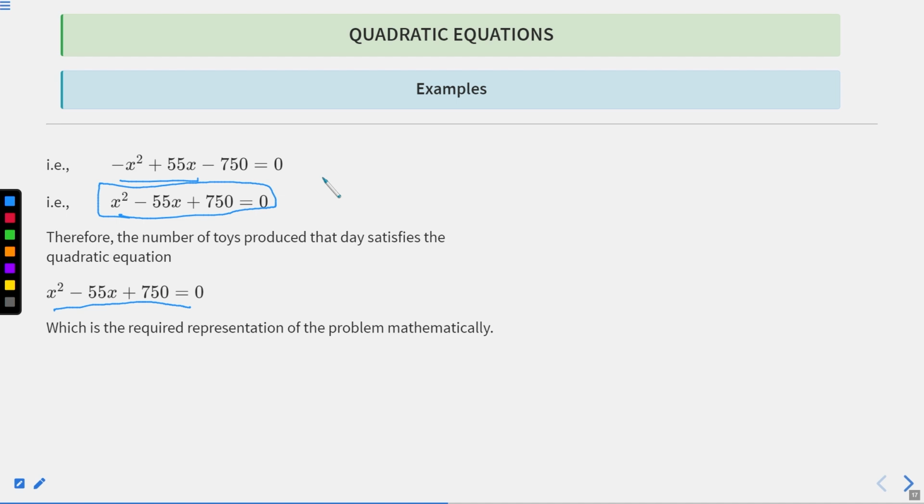The second method is using the quadratic formula, the Sridharacharya formula, by which we can find the solutions of the quadratic equation. In this example, we represented the situation given in words mathematically.